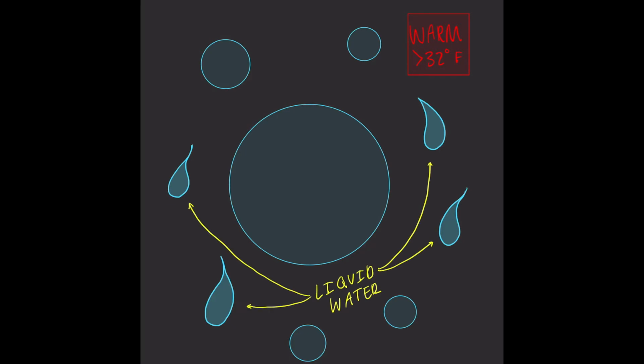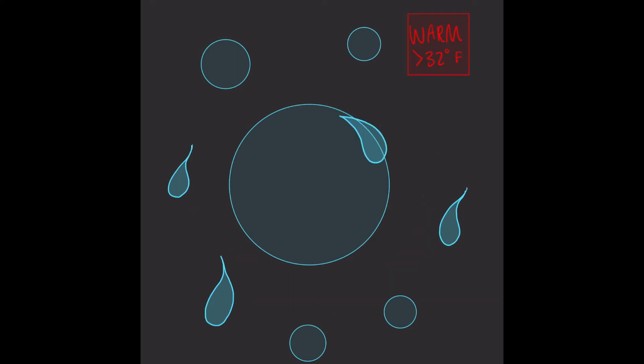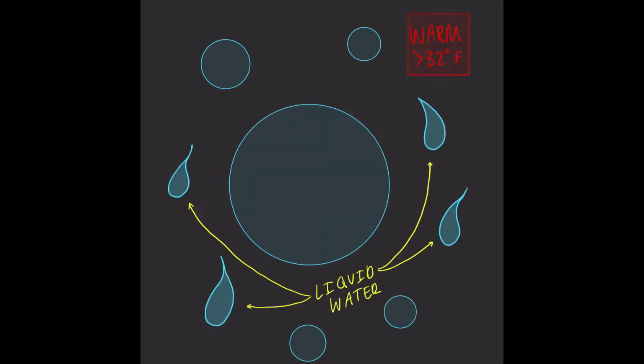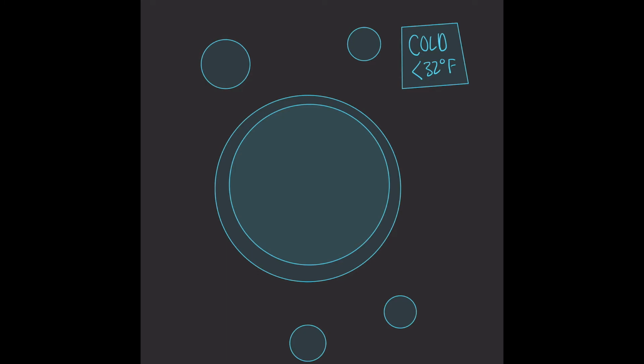As a result, the smallest grains of snow are beginning to melt. As these droplets of liquid water move through the snowpack, they're going to begin to collect on the surface of larger grains of snow. And if the temperature drops below freezing, these droplets will actually freeze into an icy lens that surrounds the grain of snow.